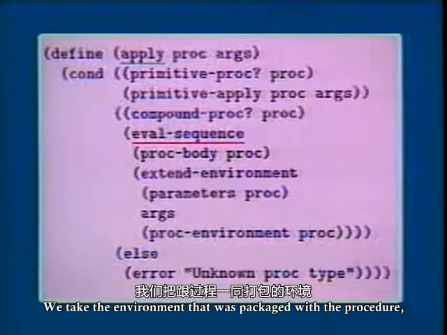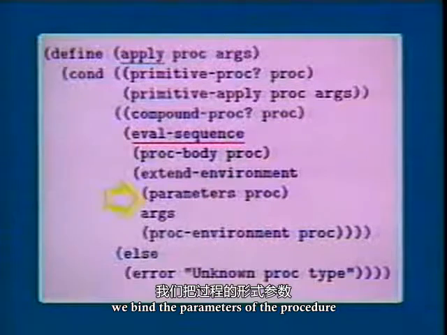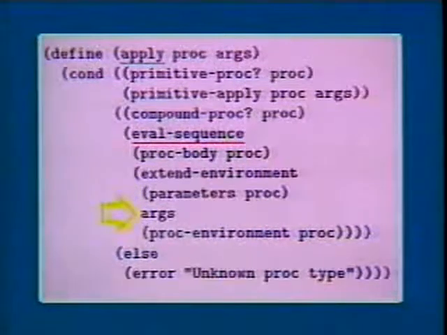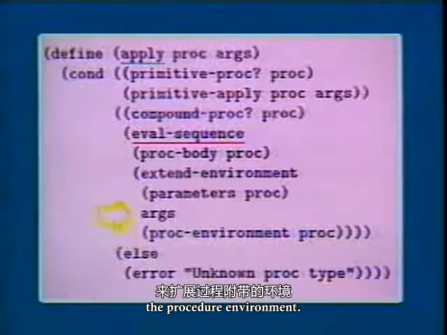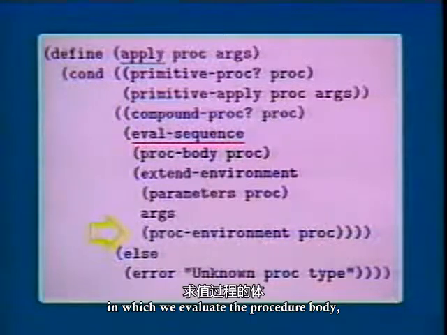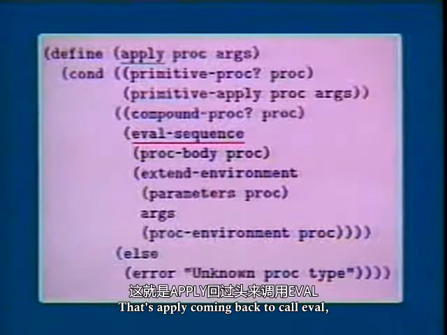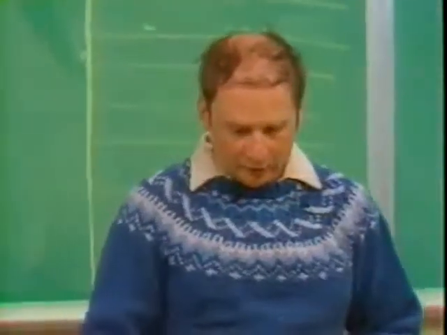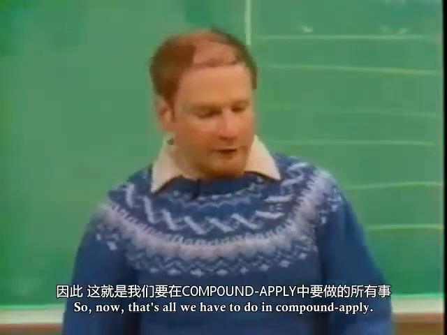We take the environment that was packaged with the procedure, we bind the parameters of the procedure to the arguments that we're passing in, and use that as a new frame to extend the procedure environment. And that's the environment in which we evaluate the procedure body. That's going around the apply eval loop. That's apply coming back to call eval. So that's all we have to do in compound apply.